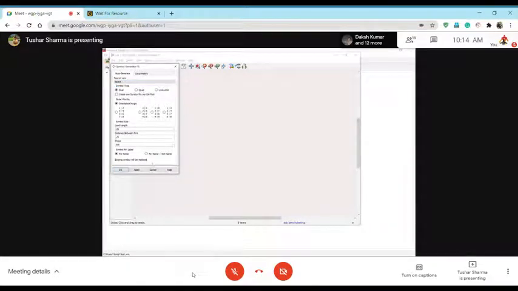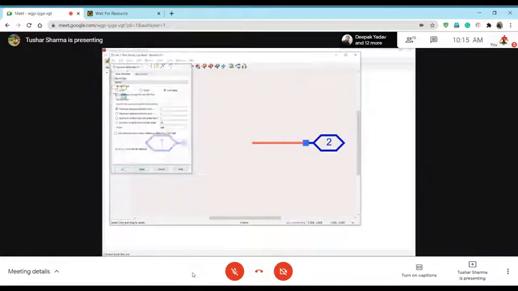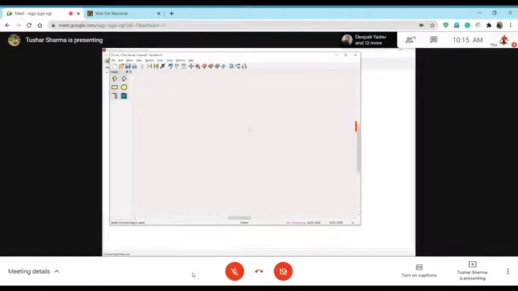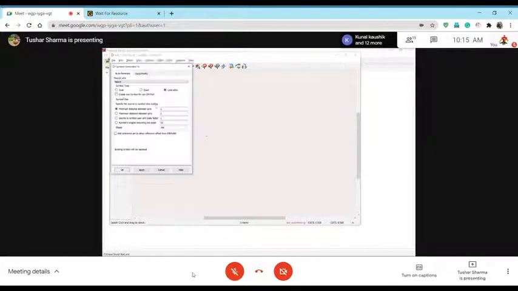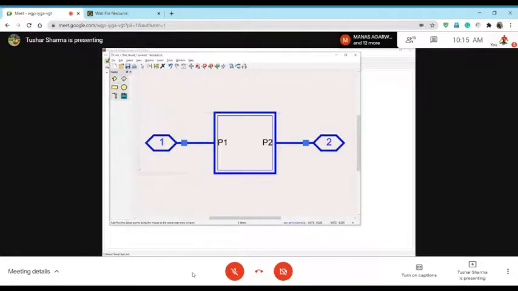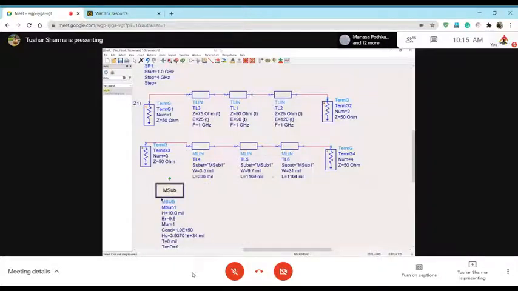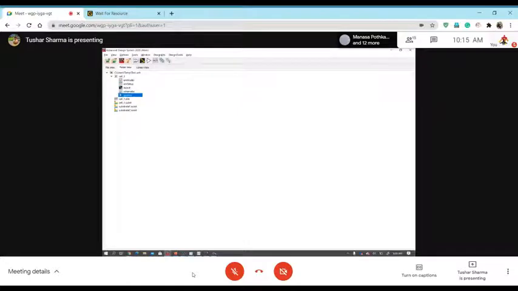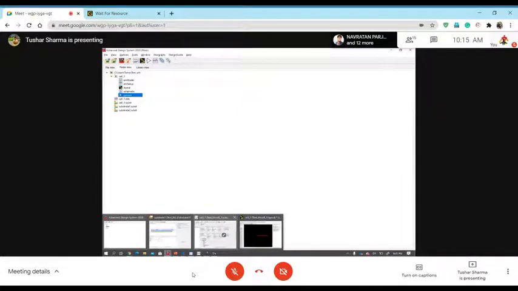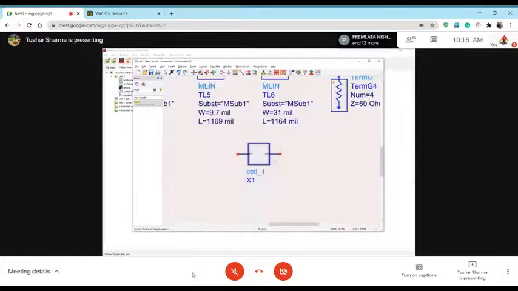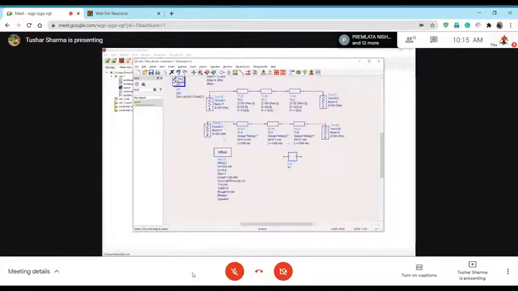Just bear with me for 1 second. This is so small, so better I just, okay. So whatever we were EM simulating, I converted it to kind of a data set. So all these 3 lines, I am representing through whatever EM simulation I did, and I'm placing it here. So this cell represents what we created in layout and simulated.